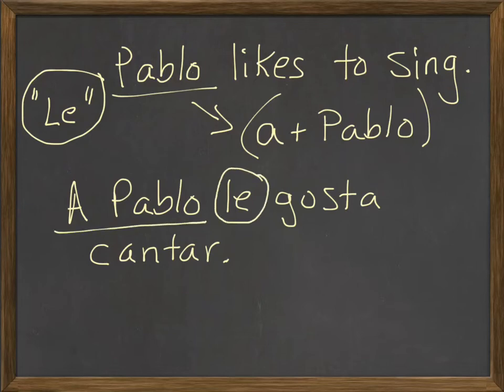This is the indirect object pronoun you have to use because it goes with él, and Pablo is a singular male, so you have to use the one that goes with a he, and the rest of it is just normal. Okay, let's do one more. I'll erase this. Hope you got that. Let me do another one.